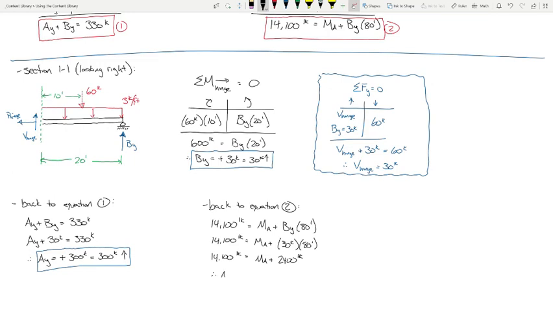So what's MA? 11,700 foot kip. Which way did we assume MA was acting? Counterclockwise? So that means that is correct. We've got the correct assumption there. All right.